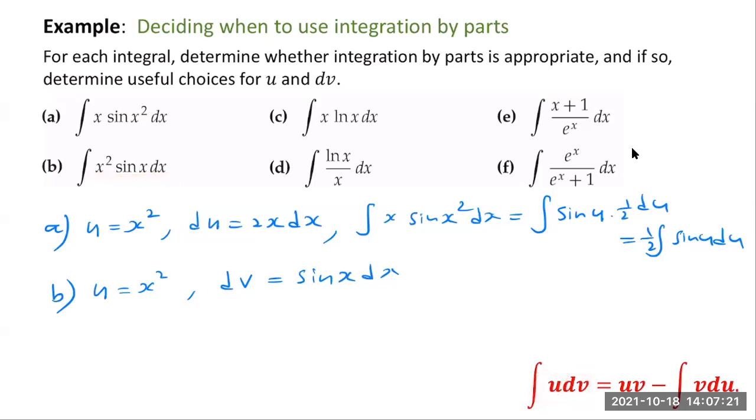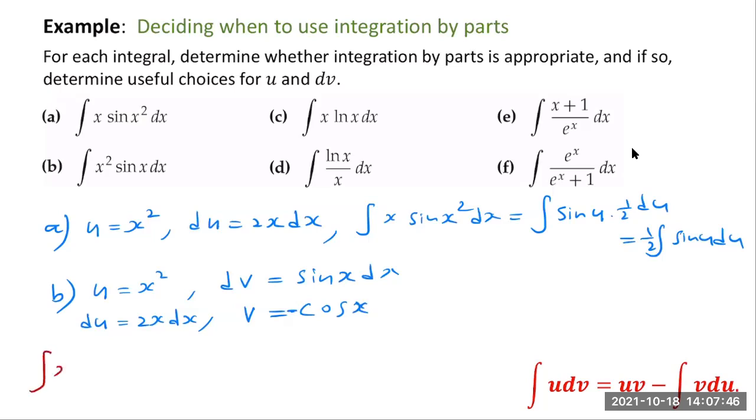From this one, you get du over dx equal to 2x. That means du is equal to 2x times dx. From this one, by anti-differentiating or integrating both sides, v is equal to minus cosine x. Now I can apply the integration by parts formula here.